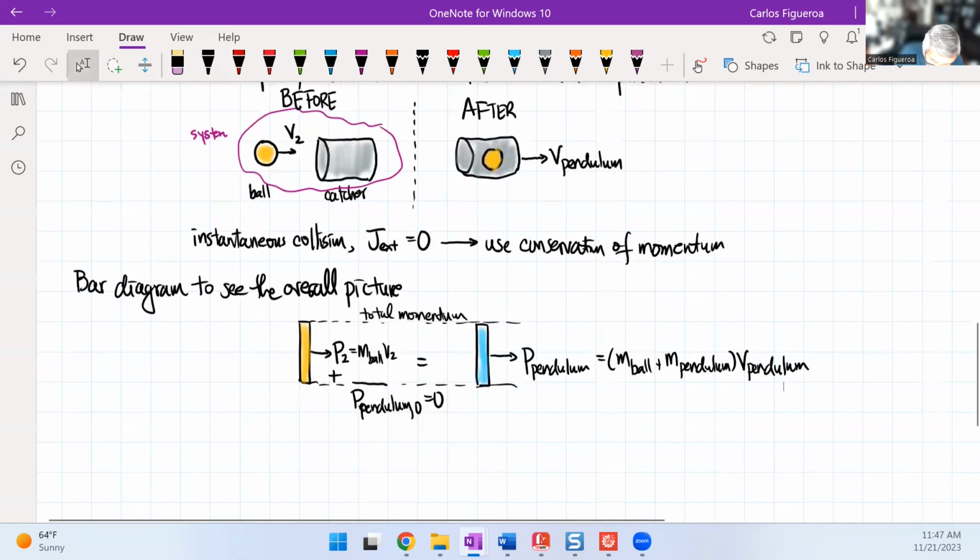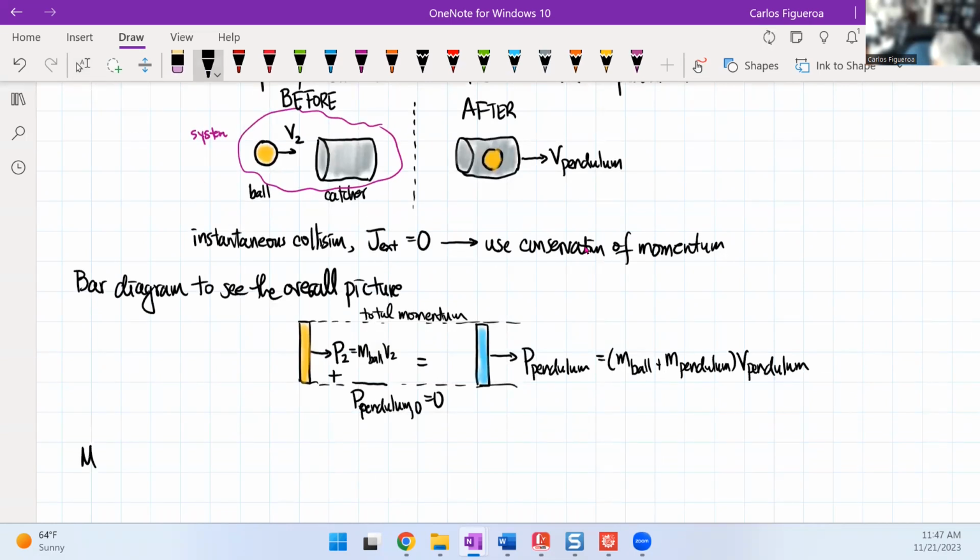So right away, we see here that this picture tells us that momentum conservation connects V2 to V pendulum.